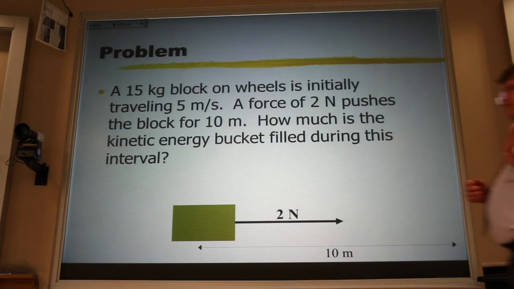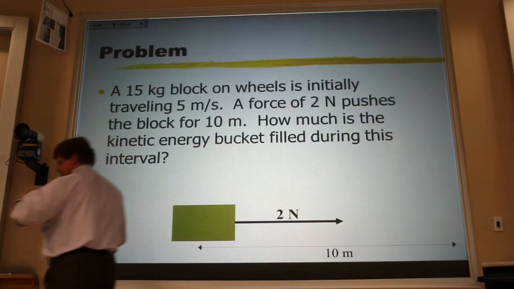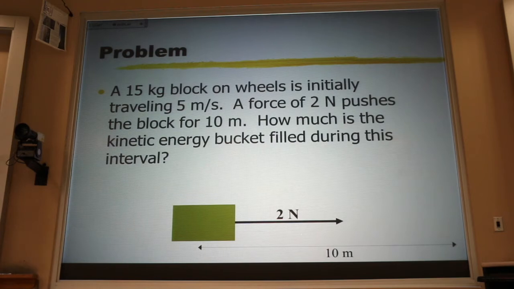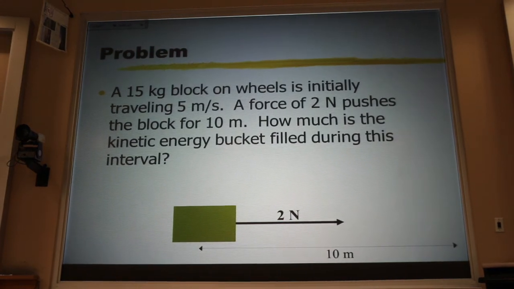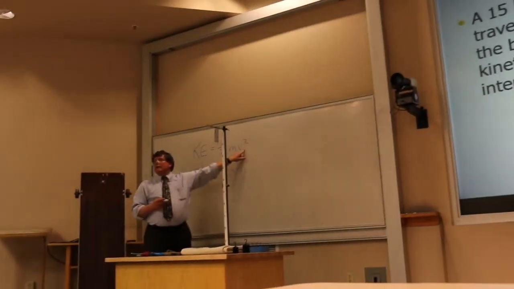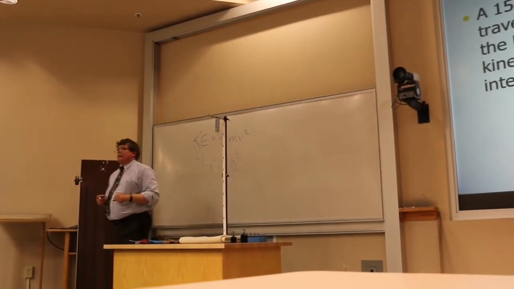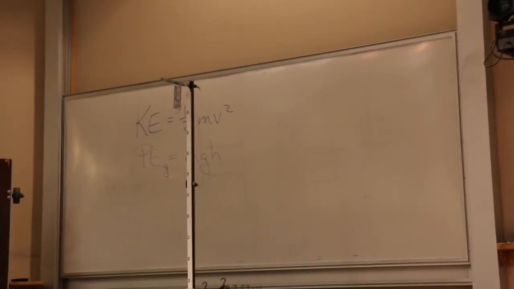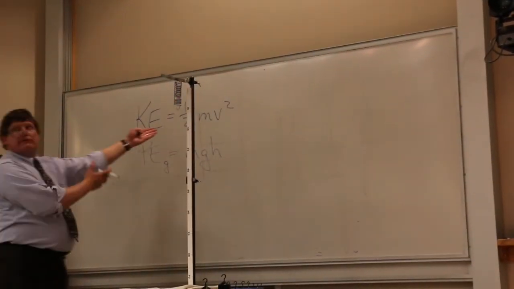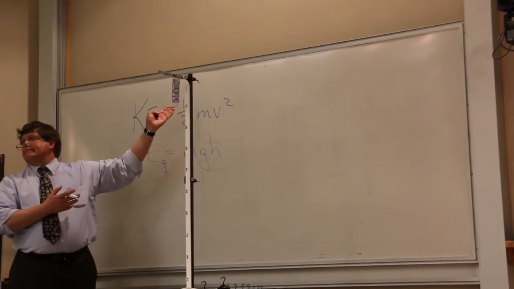Now, I could solve that the old-fashioned way. I could calculate the initial kinetic energy, just 1/2 times 15 times 5 squared. And then I could use the kinematic equations to figure out how fast it's going after the push. And then I could calculate it again.